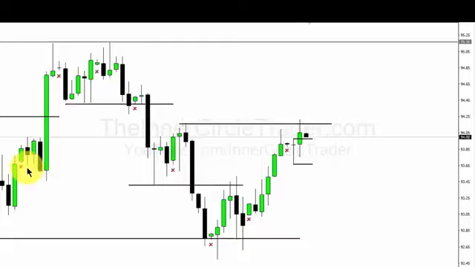And this is called an outside day, when you have a previous day's range that's violated. This is an example of it too. This high is 93.98 and the low is 93.67. This candle's low is 93.58 and the high is 93.99. So this is an outside day with a down close.